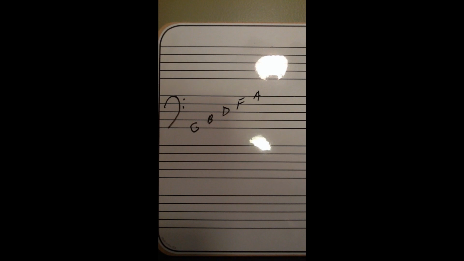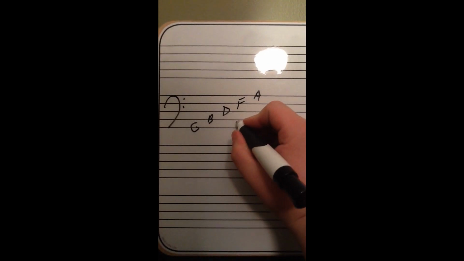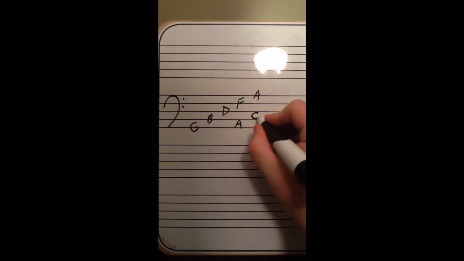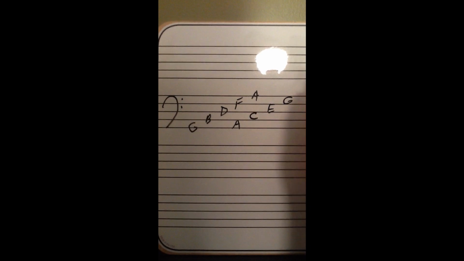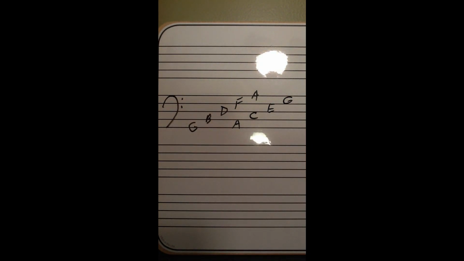G, B, D, F, A. Now, for the spaces, it's not as simple as face, but there is another anagram for that, and that's all cows eat grass. Or ace G. Okay? So that's, if you want to screen grab that or write that down.